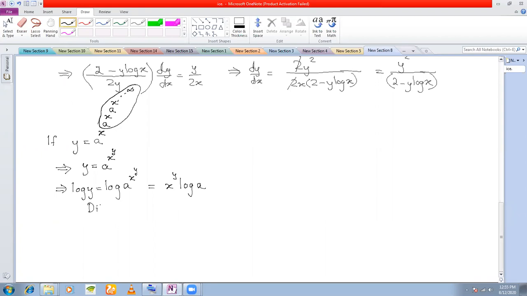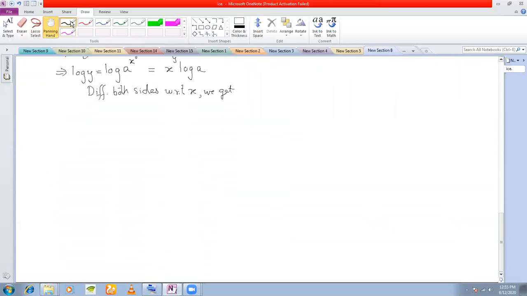Now we'll differentiate, differentiating both sides with respect to x, we get d/dx log y is equal to d/dx x to the power of y log e.